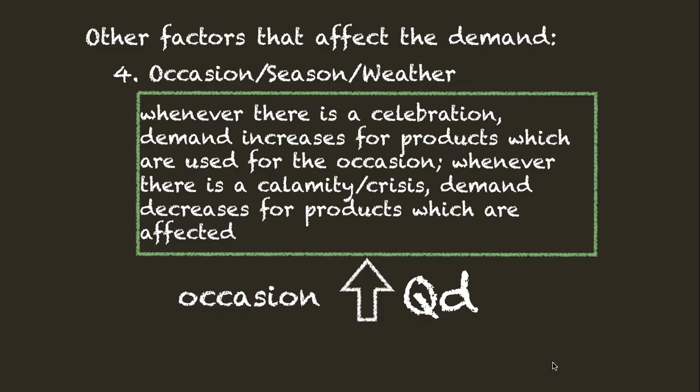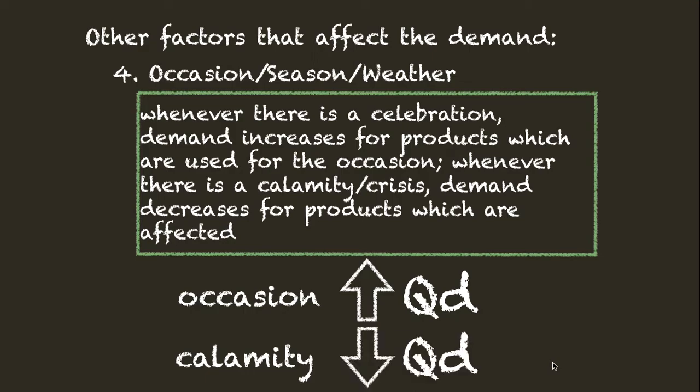However, if we're going to compare the demand of these products during the normal times of the year, I don't think that the quantity demanded for cheese balls would remain the same as that of the quantity demanded of those products in December. Also, whenever there's a calamity, there is a possibility that a change of demand would be seen. Therefore, if there's a calamity, specific quantity demanded of a product would decrease.